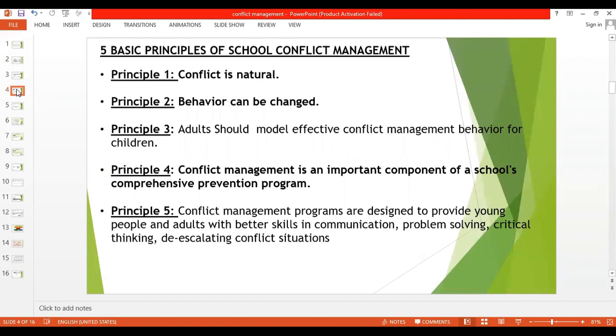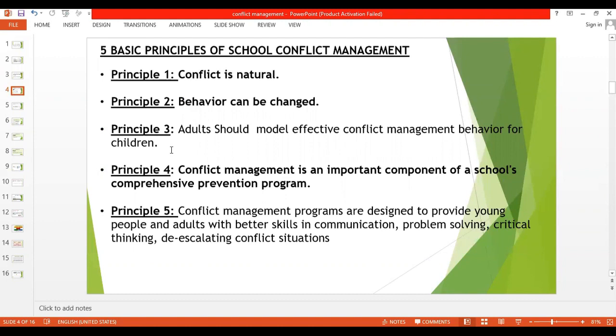The 5 basic principles of school conflicts are: number 1, conflict is natural. Number 2, behavior can be changed by resolving the conflict. Number 3, adults should model effective conflict management behavior for children.